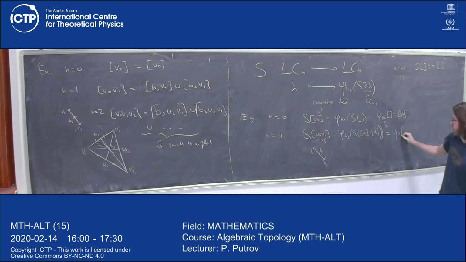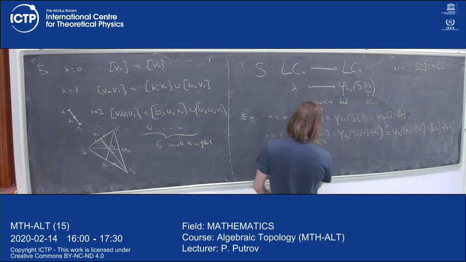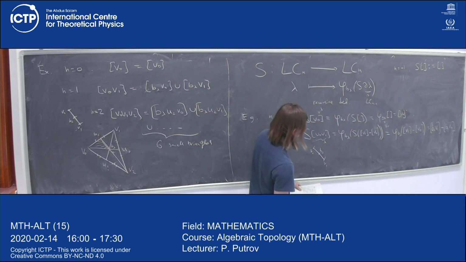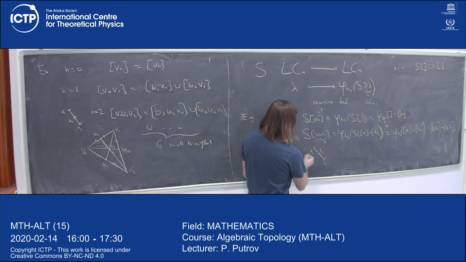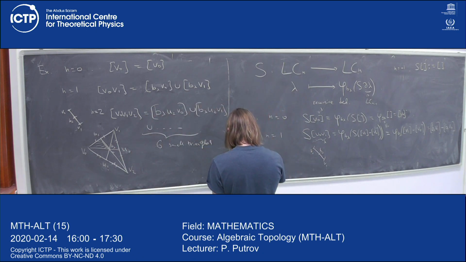So this will be phi b lambda on b1 minus b0, which is the same as b lambda b1 minus b lambda b0. So I started with an interval, and the result was this interval minus this interval, for each half.